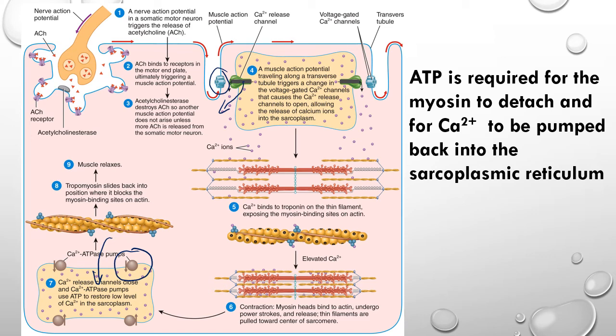That then made the calcium bind to troponin. It changed the shape of the troponin, exposed all our little binding sites here, all the little black dots, and myosin was able to reach up and grab on. So now we've gone from a relaxed sarcomere to a contracted sarcomere. As long as there's plenty of calcium around, as long as there's enough ability to have that calcium there and enough ATP, we'll keep on doing that.